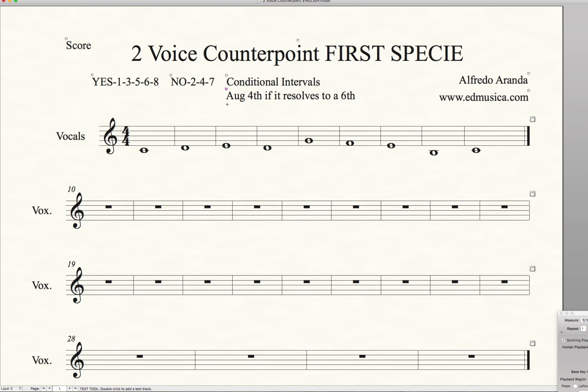There are actually three conditional intervals that you can do. There is another one, a second.